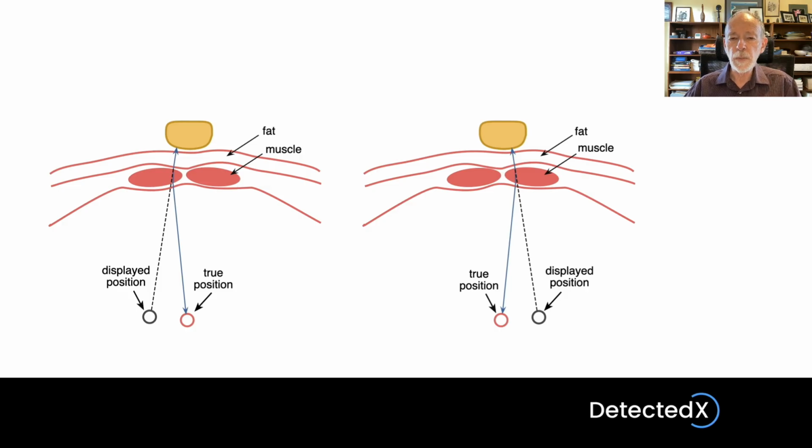On the right, the beam has scanned further around, and now it is refracted in the opposite direction by the other muscle. Again, it scans the superior mesenteric artery. Again, the machine assumes the beam has carried on in a straight line, and therefore it displays the SMA to the right of its true position.